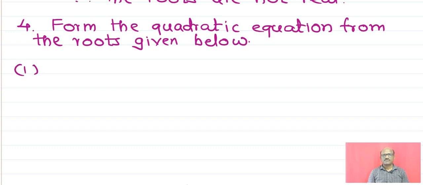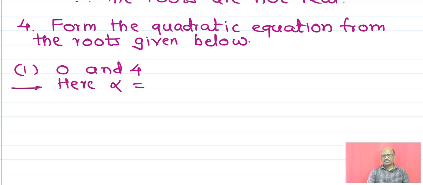First, 0 and 4. Now alpha is equal to 0 here. Beta is equal to 4.